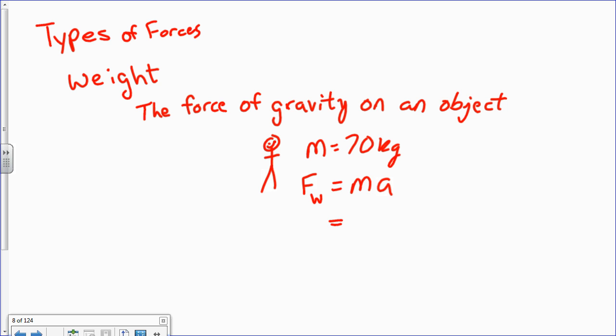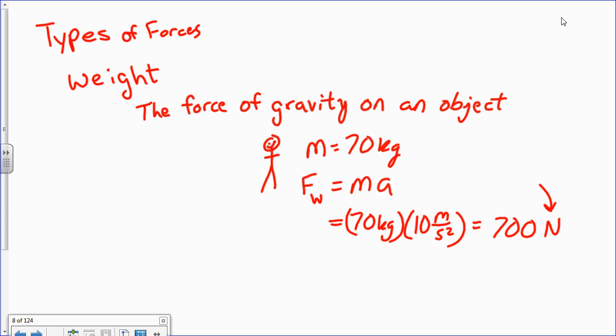And that acceleration that we have on Earth is about 10 meters per second squared. So my weight, which is different from my mass, is going to be 70 kilograms times the acceleration due to gravity on the Earth, about 700 newtons.